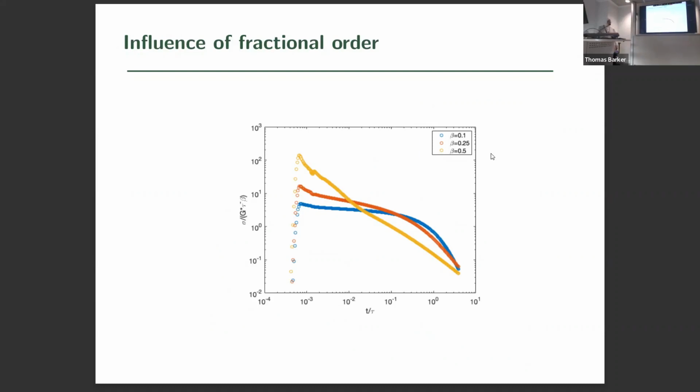We see that for a small value of beta, we have a small peak of the stress, the blue one, and it takes a long time to relax. While a large value of beta makes the peak of stress larger and it takes little time to relax.